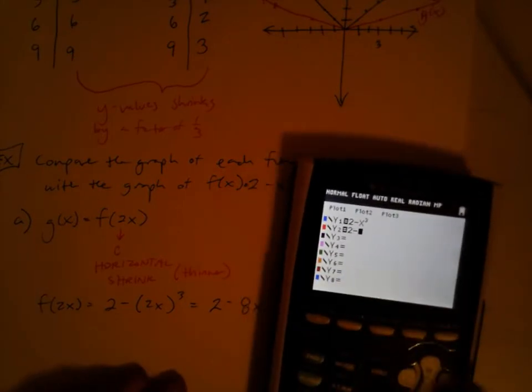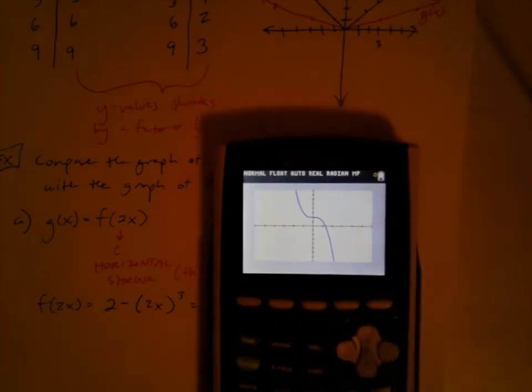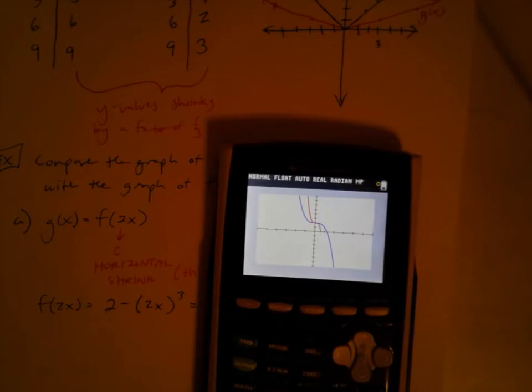We can graph those at the same time to see what's happening here. There's our blue, our original, which is x cubed. And here we can see our red. And it did in fact get thinner.